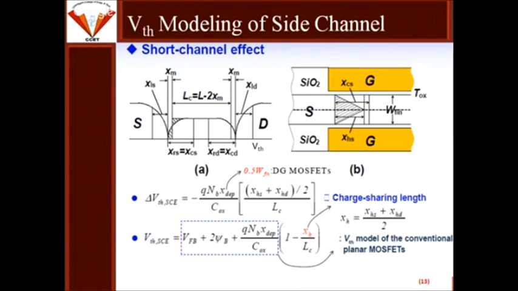There are basically two effects: short channel effect as well as width effect. If the width is narrowed or the channel is shortened, then VTH depends on this.